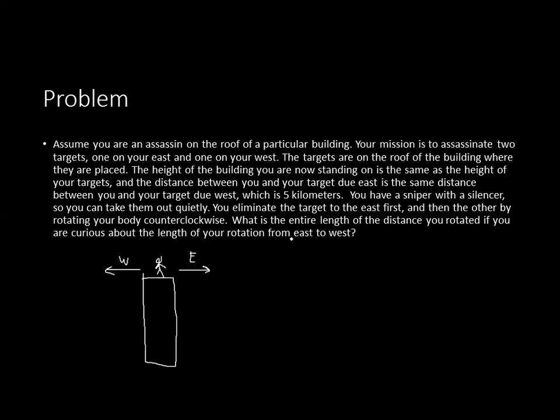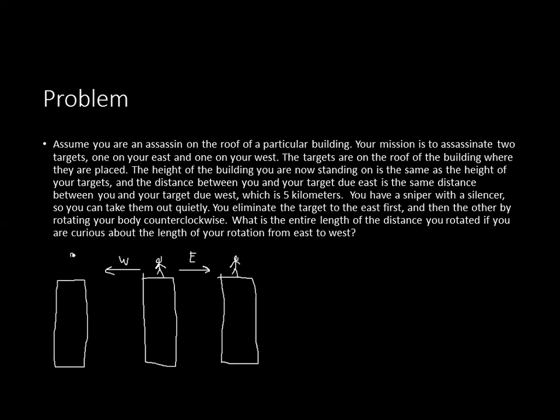All right. It states that the targets are on the rooftop of the building, and the height of the building you're standing on is the same height as your targets. Meaning that the building here on the east and the west are just the same. Okay? They are just the same.